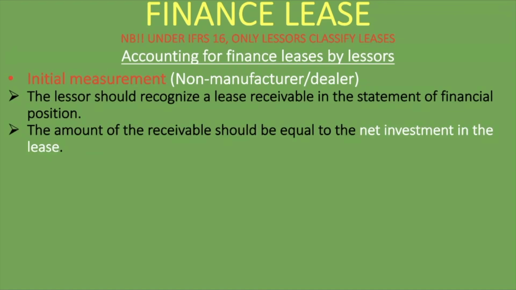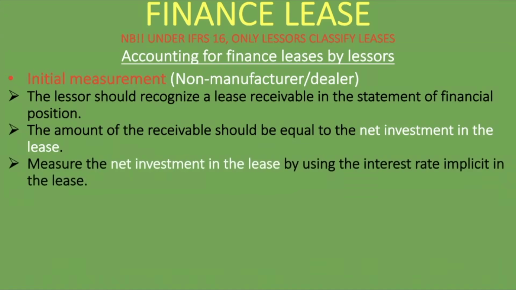Now, if you'd like to know the calculations of the net investment in the lease, you'll find the link in the description below where we address that, as well as the important aspects when dealing with the net investment in the lease. But basically, the amount that you are recording as a lease receivable is the net investment in the lease. Measure the net investment in the lease by using the interest rate implicit in the lease.